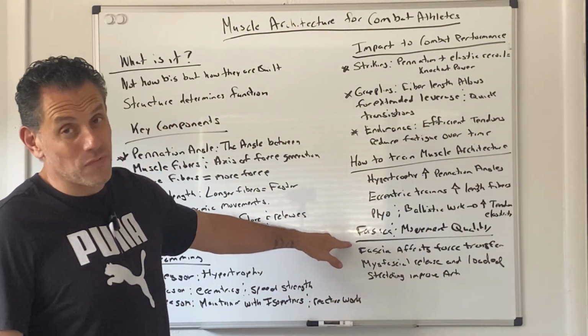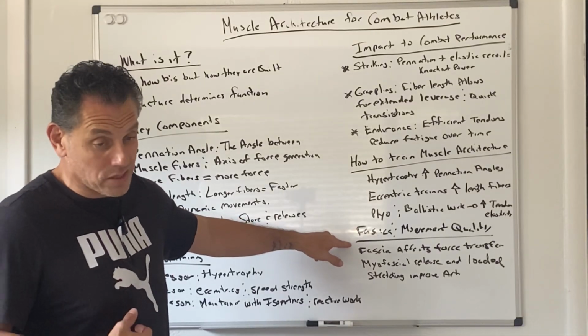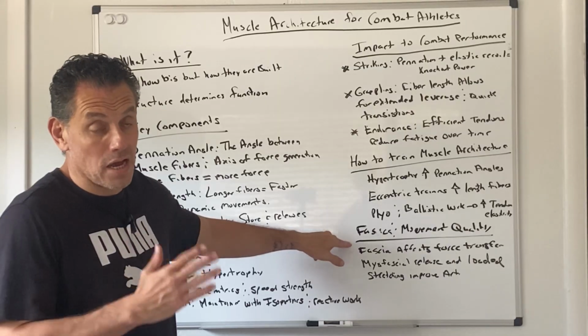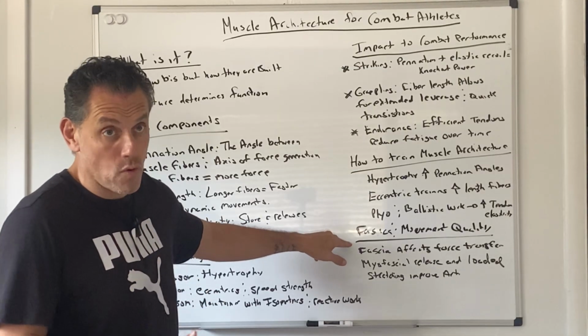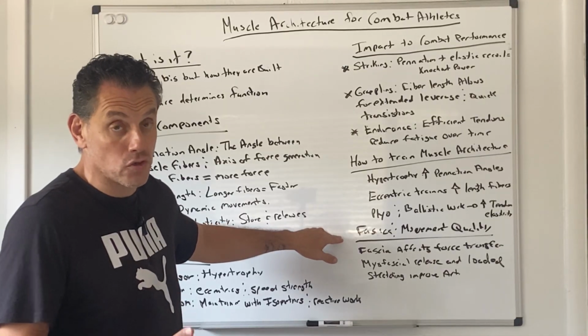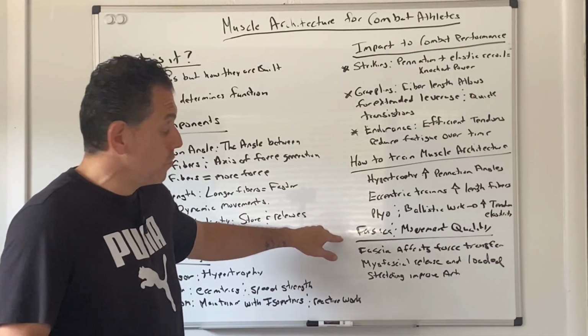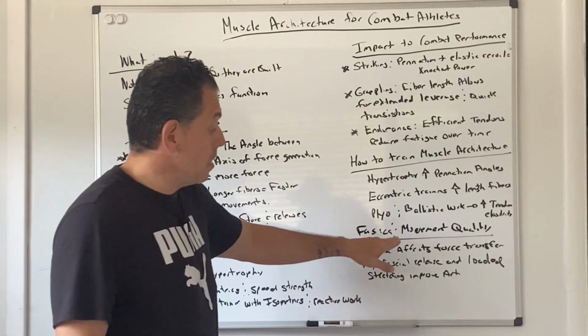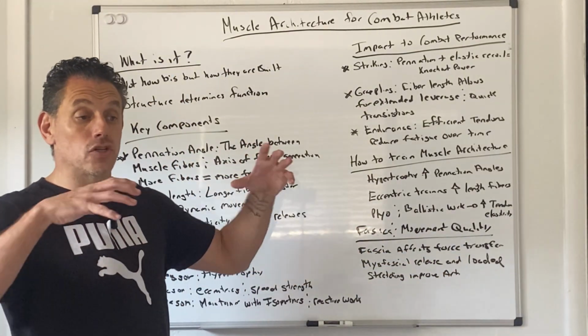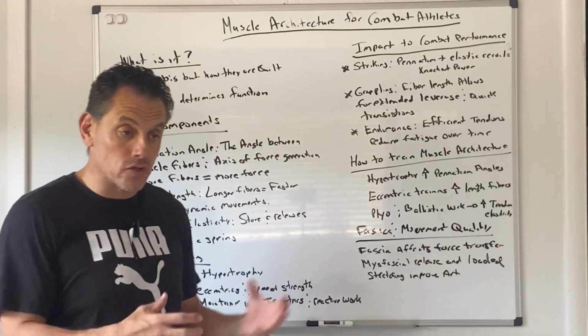Now, this is something that a lot of us miss, including myself. And again, I've said it many, many times. Recovery is super, super important. And this is a facet that you also need to pepper into your training, either before you lift or after you lift. So it's fascia and movement quality. Your fascia is the connective tissue around your muscle tissue.